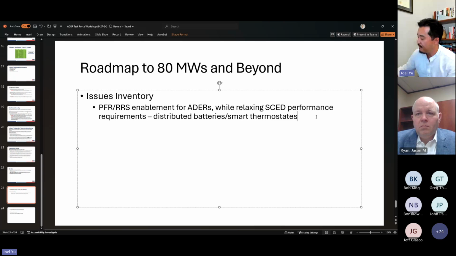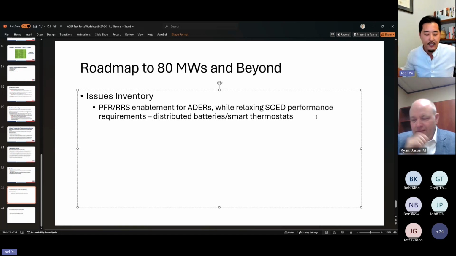I think that's probably a good segue into this discussion. This slide was empty so that I could take notes on the issues that folks bring up.